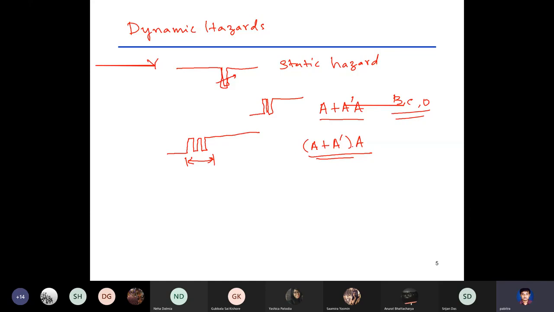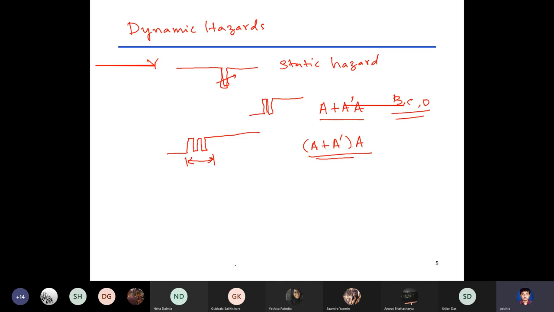In a 2-level circuit, you cannot have such a thing, so you need a 3-level circuit. Avoiding dynamic hazards is more difficult, but you can do it. You can still draw the Karnaugh map and do this.